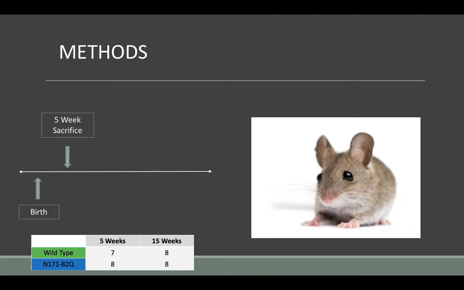We then sacrificed half at 5 weeks, and we sacrificed the other half at 15 weeks. And half of those two time period groups were split into either the wild type control condition or into the mutant condition that have that extra mutated Huntington gene from humans.